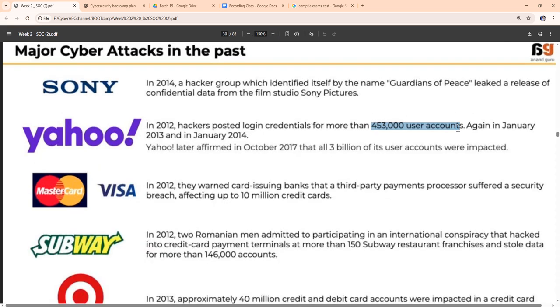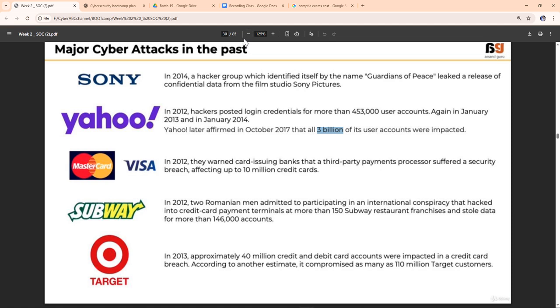Then again in January 2013, and January 2014 also. Later, Yahoo confirmed that in October 2017, all 3 billion of its user accounts were impacted. Wow. So many big companies and small companies have had their share in this menace.